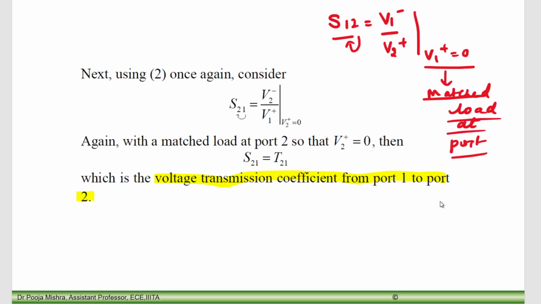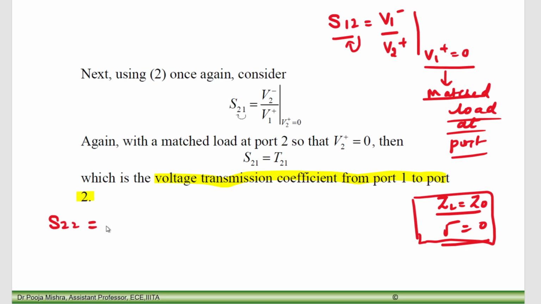What do you mean by matched load? That ZL is equal to Z0, so that there is no reflection over there. This is the matched load condition. Now how do we define S22? S22 will be equal to V2 minus over V2 plus when V1 plus is equal to 0.